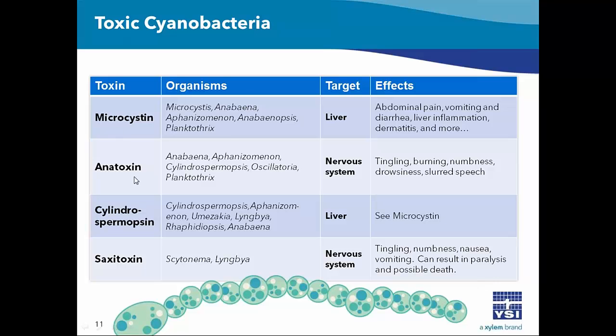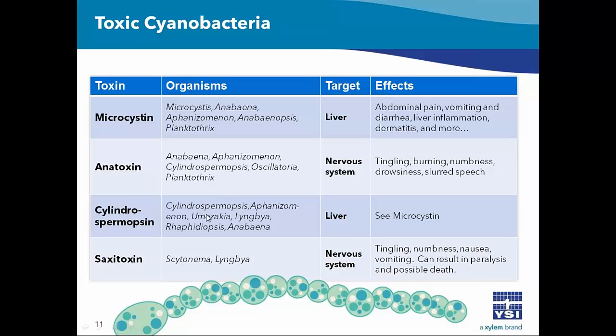But these are what we see most commonly, and the organisms that we most commonly see making these toxins. So you might notice Microcystis, who I've mentioned already, made the toxin microcystin and was the first organism where we discovered this toxin, but we've long since come to discover that these toxins can be made by a lot of different organisms other than the ones they were originally named for.